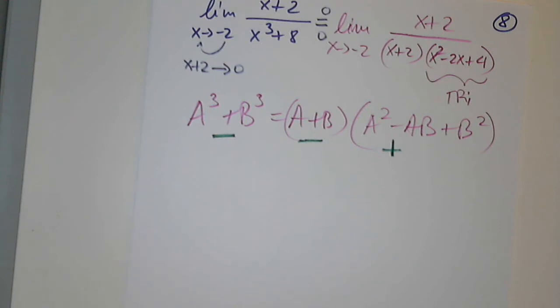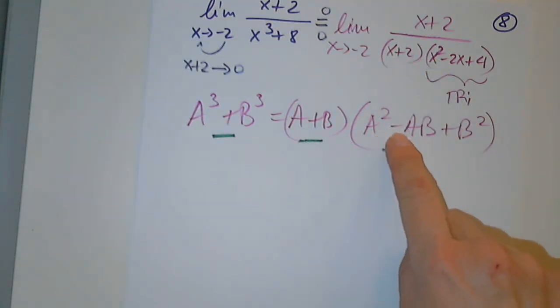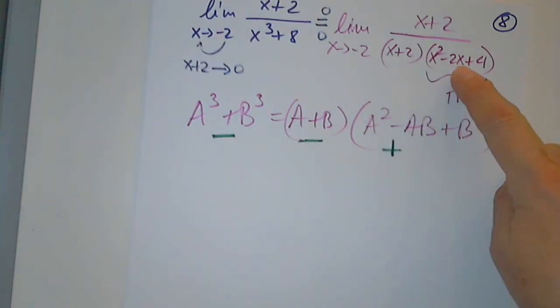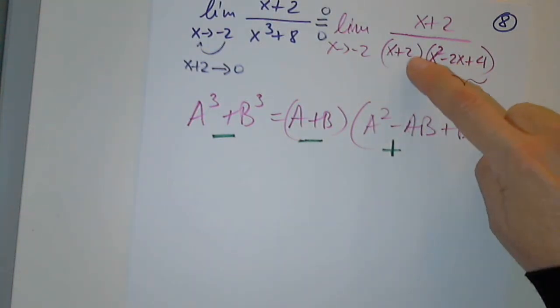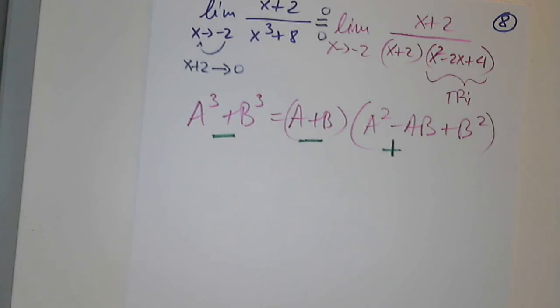We never discussed the last term that is always positive no matter what. So this is how we factor the sum and the difference respectively of cubes. So that's why we get x squared minus the product of these two plus the second term squared, which is 4.